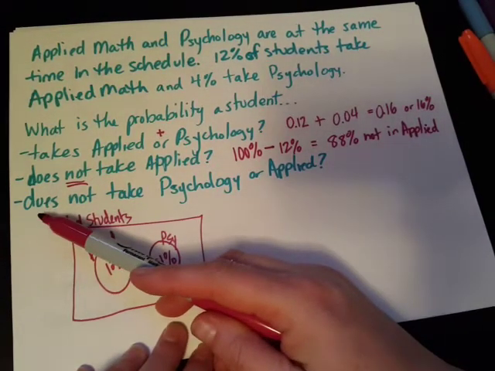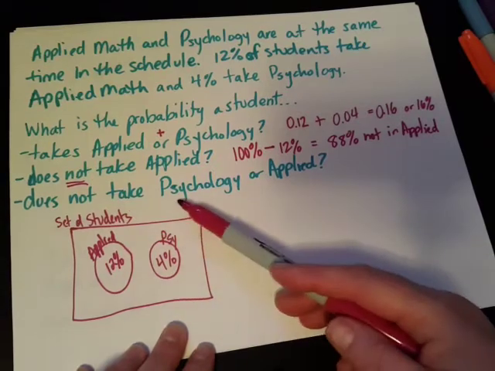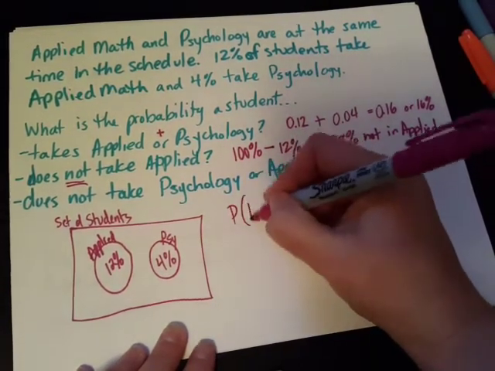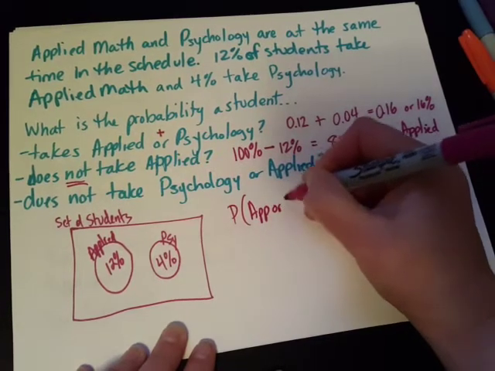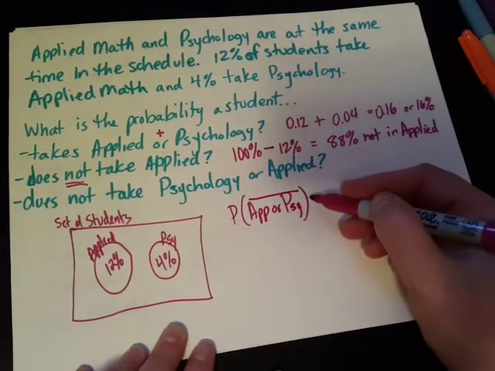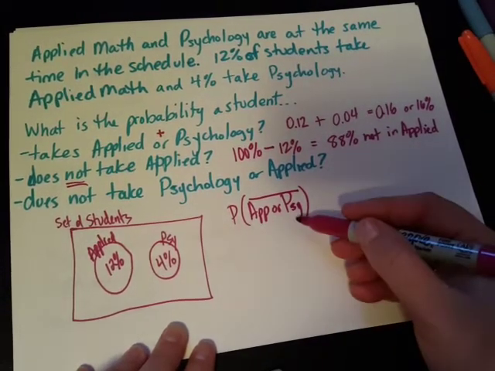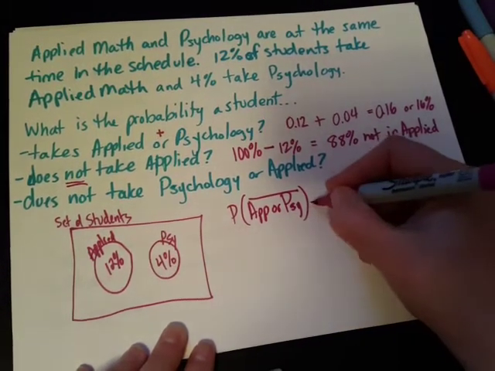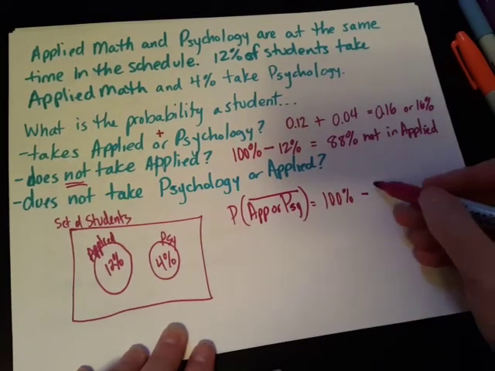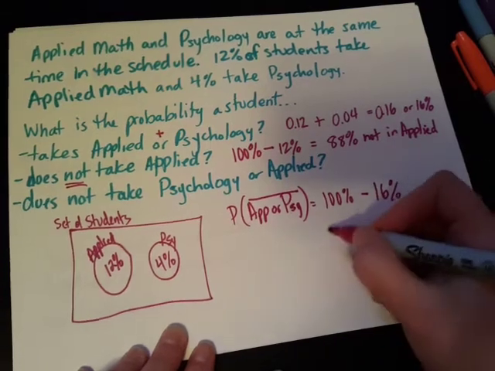And what is the probability that a student does not take psychology or applied? So we could look at this and write it out like this, with the line on top. So not being in applied or psychology would be the 100% minus the actual chance of being in applied or psychology.